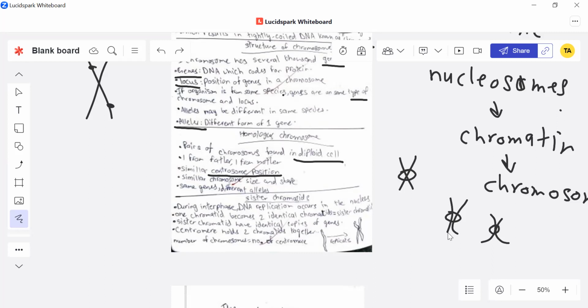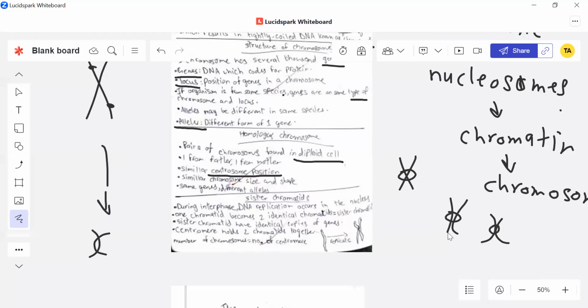So what is a sister chromatid? During interphase, right, DNA replication happens in the nucleus, and one chromatid becomes two identical chromatids. So what is DNA replication? DNA replication is when one chromatin, right? This is a chromatin, would become two sister chromatids.